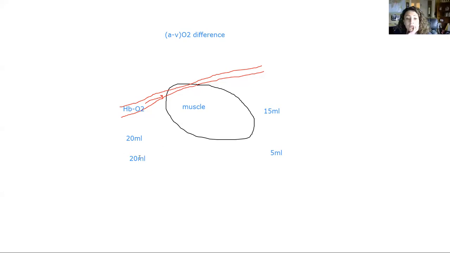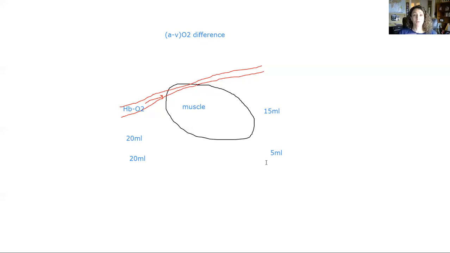Okay, so AVO2 difference went up. There's a larger difference between the oxygen content of the arteries and the veins. So AVO2 difference went up, which means oxygen consumption in the muscle went up, right? Because the more oxygen the muscle extracts from the blood, the bigger the AVO2 difference will be.